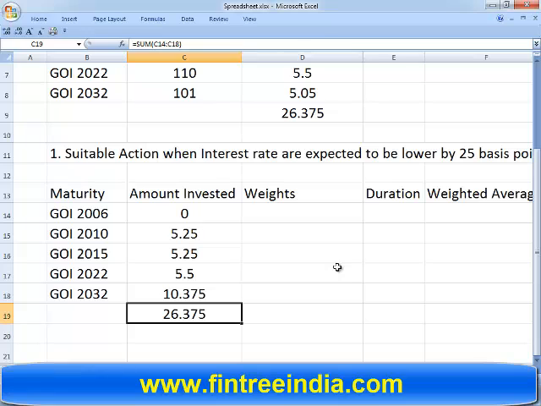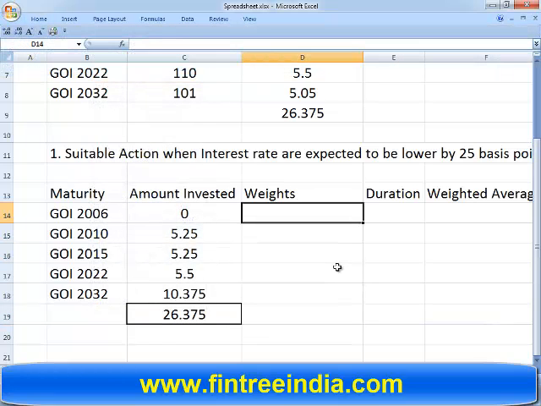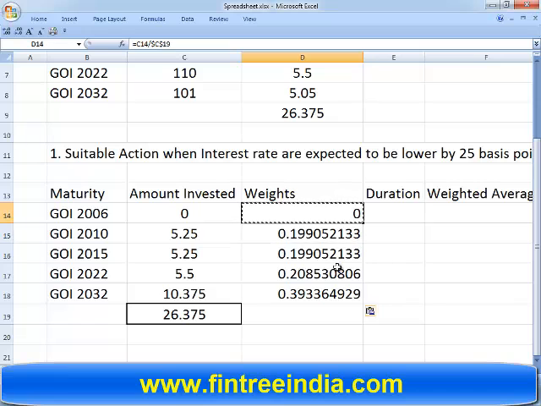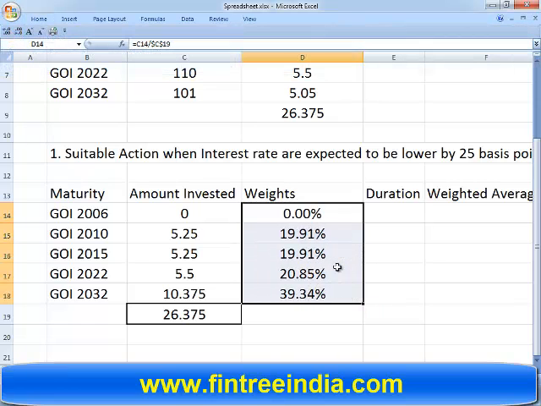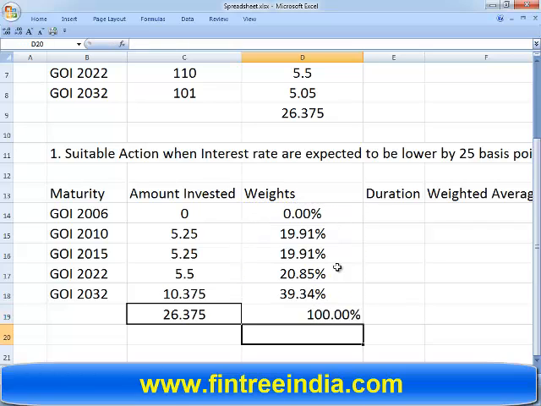Then weights, say 0 divided by this. These are my individual weights. Let me round them off up to 2 decimals. 19.91%. Let's take a total. Total is 100%. 19.91, 19.91, 20.85 and 39.34.